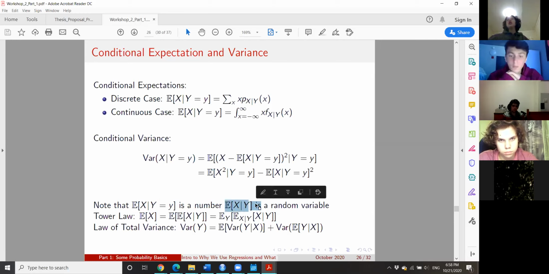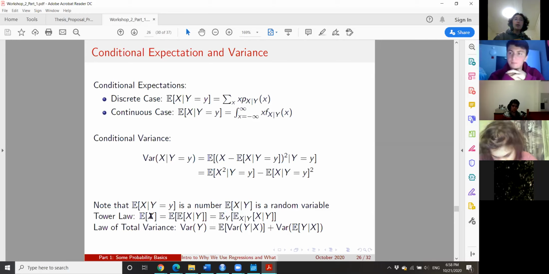So you're really talking about the whole set of possible averages for X if you pick a given number for Y. And then the Tower law and law of total variance are helpful things.